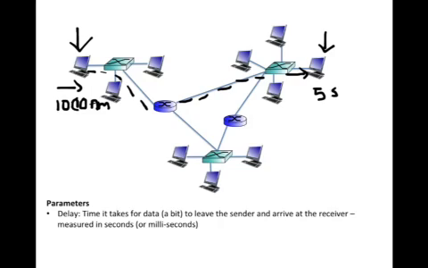Now the delay experienced by this sender-receiver pair is higher. So between transmission rate, throughput, utilization and delay, we have the main parameters that are needed for us to be able to talk about the performance of a network using quantitative measures.